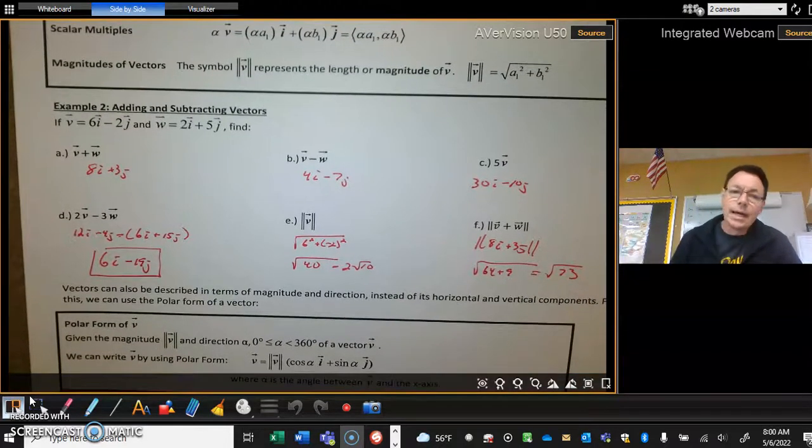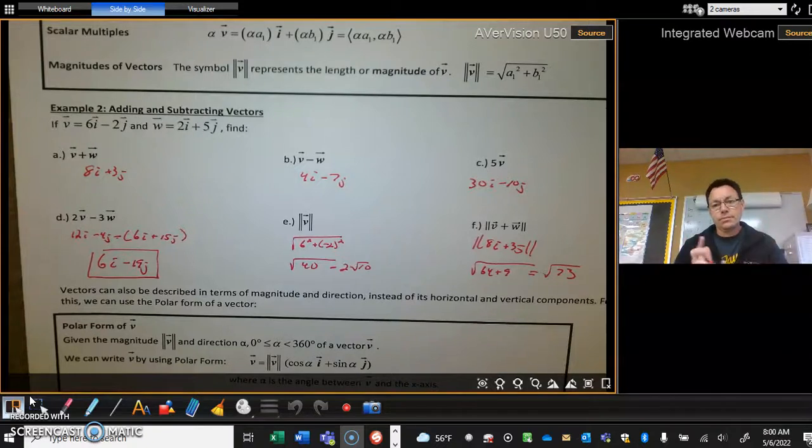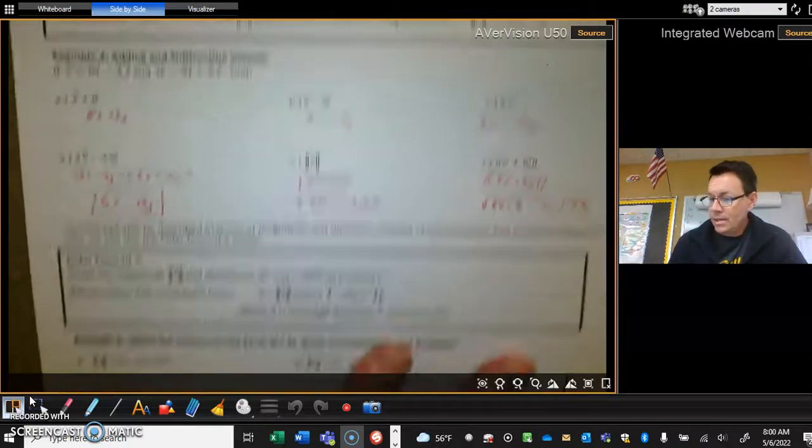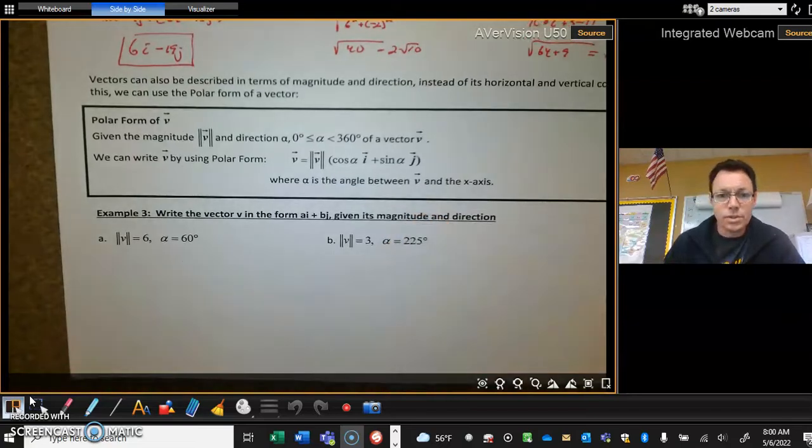All right. Now, if I can talk about a vector as its horizontal and vertical components, I could also talk about a vector in terms of how long it is and at what angle from the origin it's going. Well, that'd be polar form. And that's the last thing we're going to do. We're going to take a look at what's called polar form of a vector.